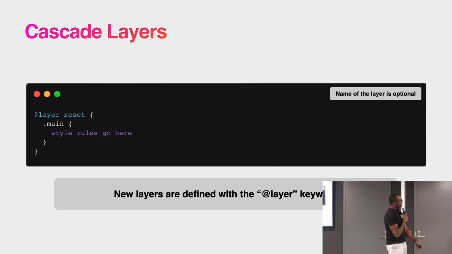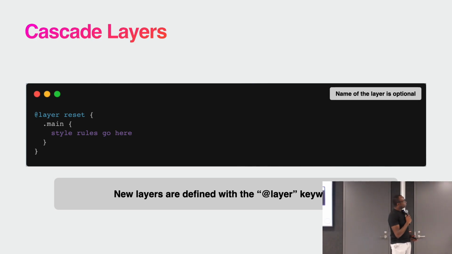So in order to define a layer itself, we have this new keyword, the @layer rule. With @layer, we can give it a name and then plop in any of the CSS style rules that we want to be included in that layer itself. By the way, the name is actually also optional.